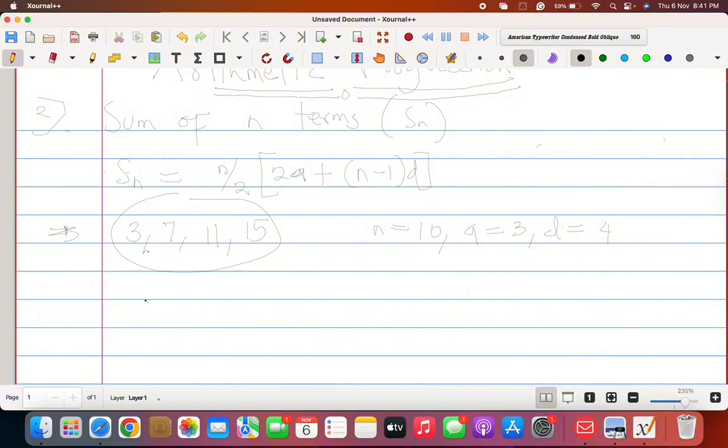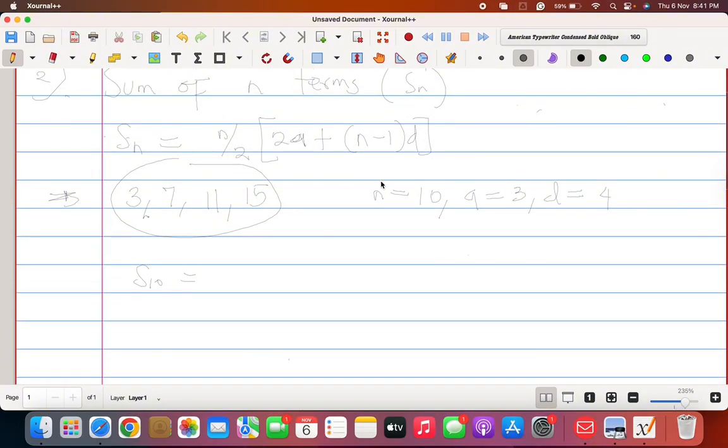Alright, so you come here, you say the sum of the 10 terms is going to be equal to, anywhere you see n, you put 10. So this is 10 all over 2, times 2 times a, which is 3, plus n minus 1, which is 10 minus 1, times 4.